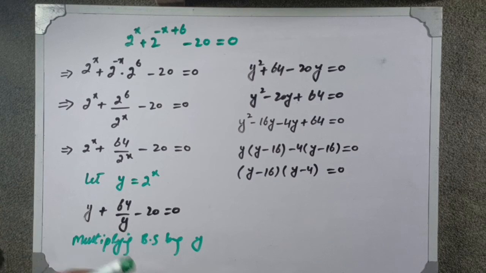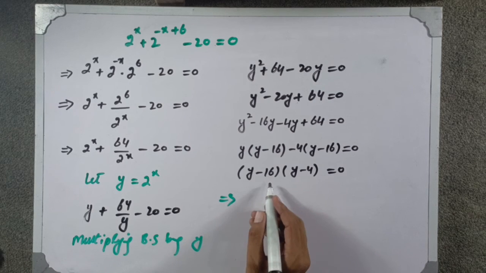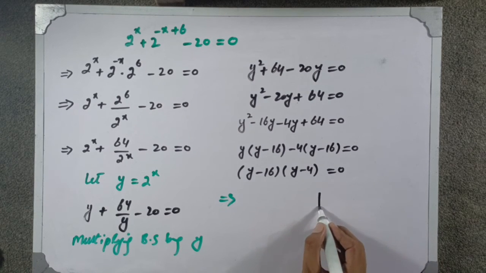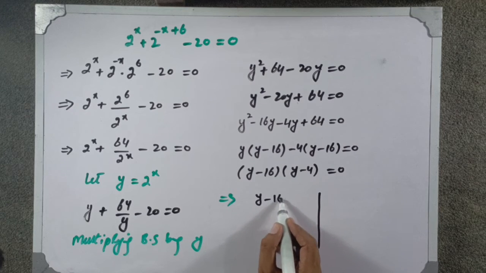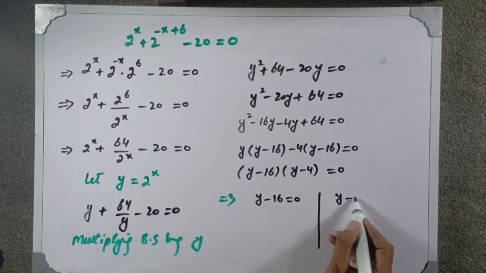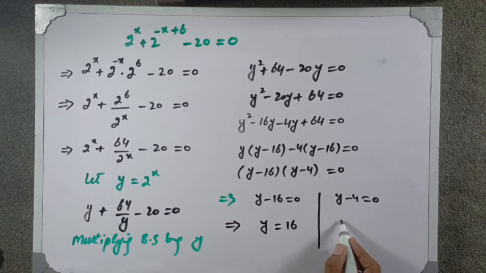So this implies, very important, that either the first factor is 0 or the second factor is 0. This implies that either y minus 16 is equal to 0 or y minus 4 is equal to 0. This implies that y is equal to 16 and y is equal to 4.